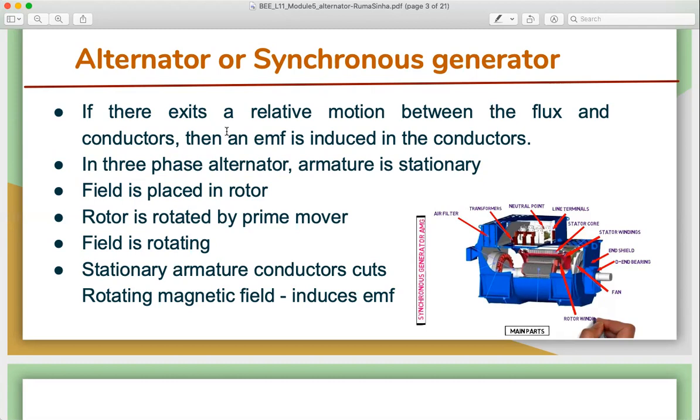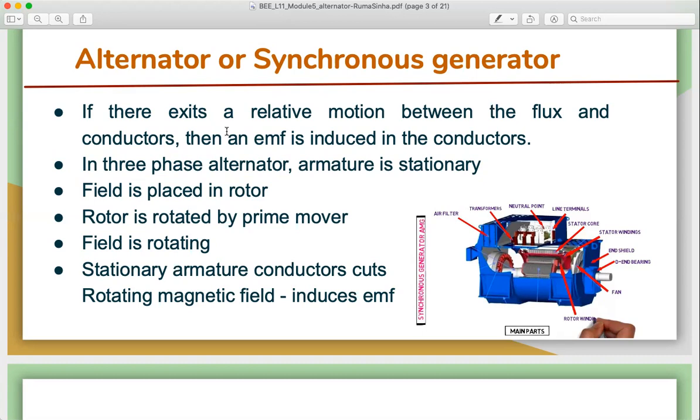Now, this rotor is rotated by using a prime mover. As the rotor is rotated, the field coil placed in the rotor will rotate. That makes the magnetic field rotating.